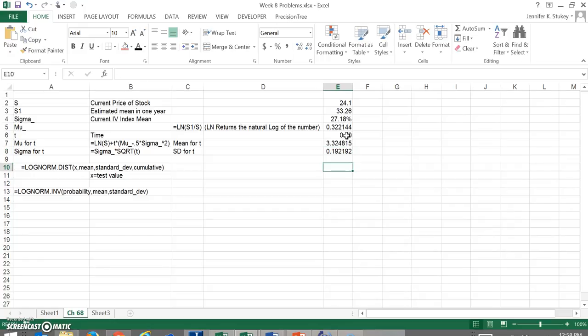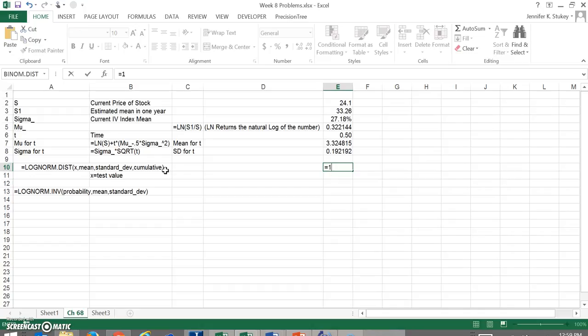Say now we want to calculate the odds that the price of the stock will be $38 or more in the next year. In order to do that, we're going to use our log normal distribution, but actually we're going to use the inverse, because when we put it into this formula, it would give us the odds of 38 and below, and we want 38 and above.